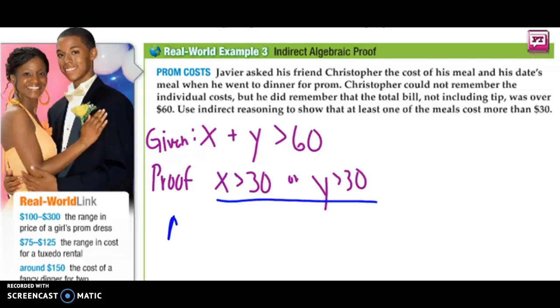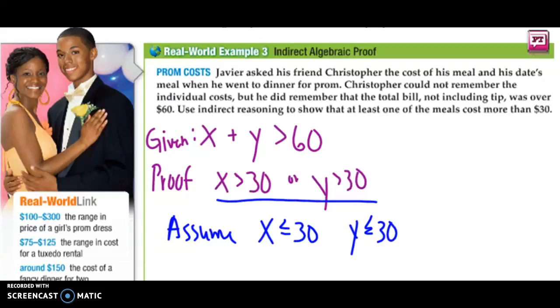So let's assume the contradiction. The opposite of x being greater than 30 would be x is less than or equal to 30, and y less than or equal to 30. Okay?